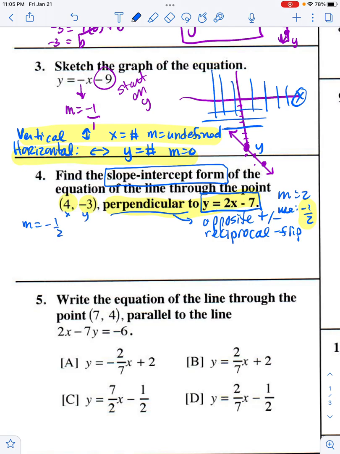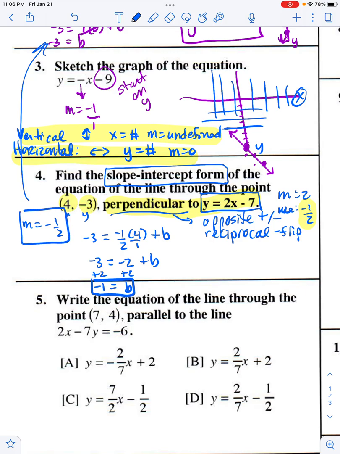We're given an x and a y. Just like I showed you up above, you're going to go y equals mx plus b. This is like being over 1, so I turn that into -4/2, but -4/2 reduces to -2. Add that to both sides, and b has a value of -1.